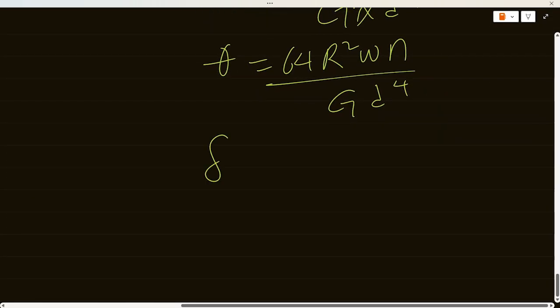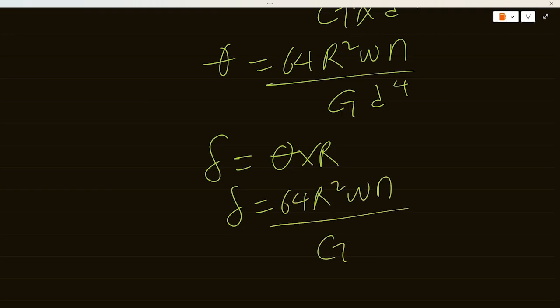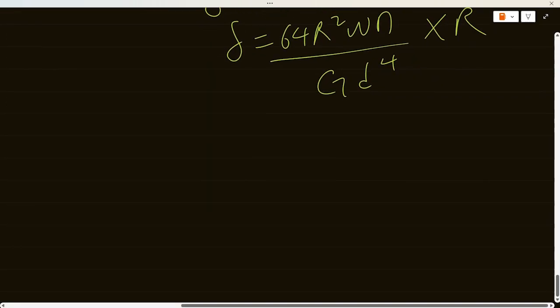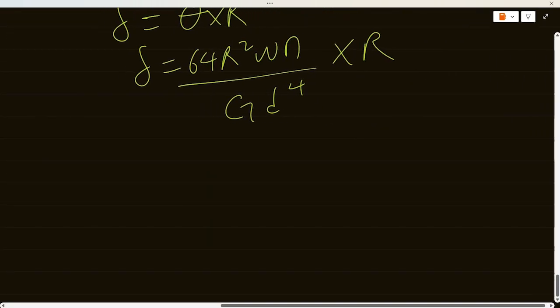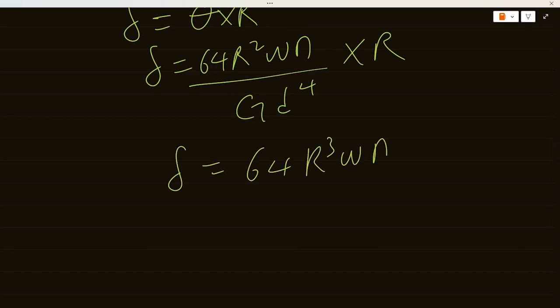But remember, from what we just said about our triangle, we multiply by r, which is equal to 64 r cubed W n over G d4.